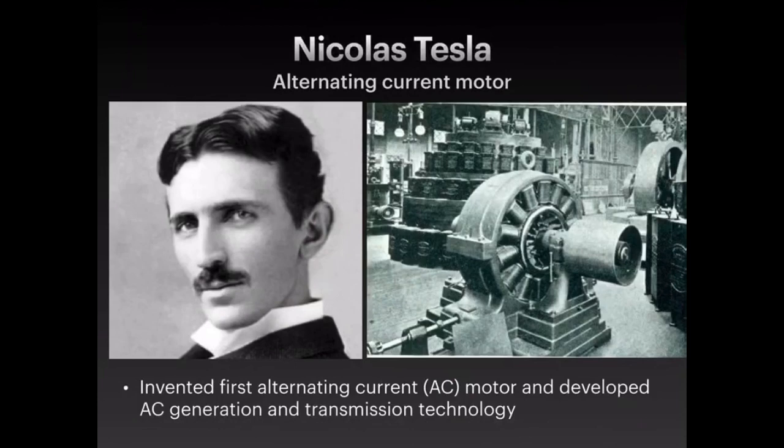You can see how the first alternating current motor looks. By studying all these milestones, now we know that there is a clear interrelationship between electricity and chemical reaction, and even electricity and magnetism.